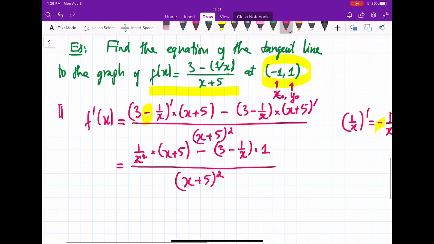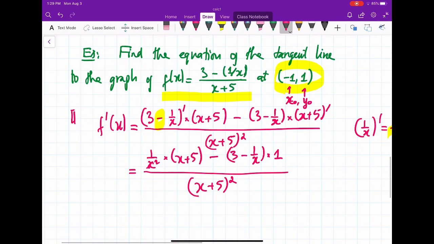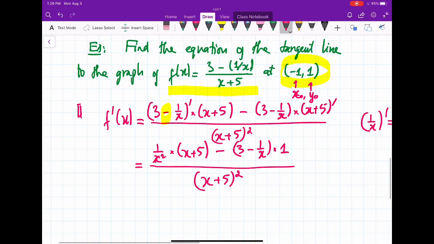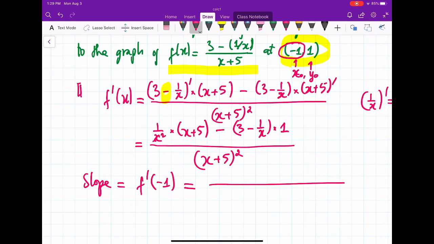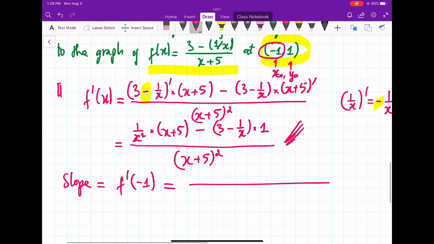And we need to find the slope. From here, I just plug the point -1 into the formula of the derivative. So the slope is equal to f derivative at -1, and I just plug -1 into this expression.